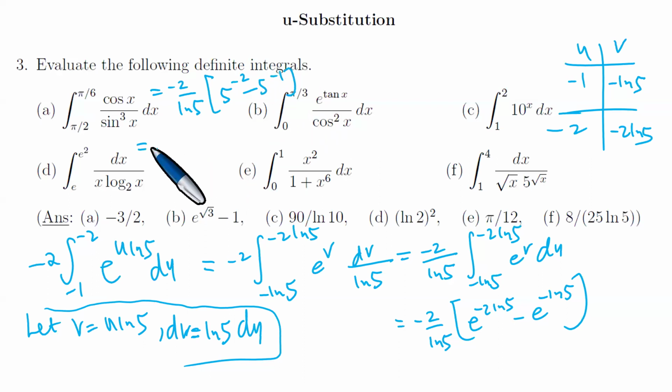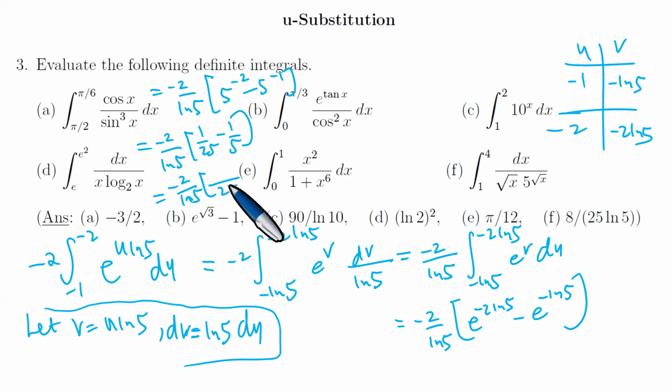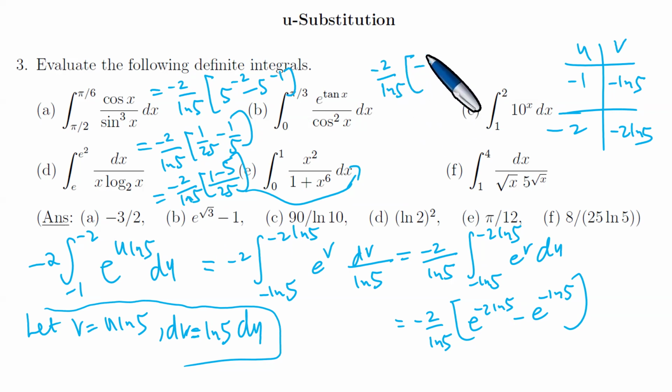In the way we explained previously, it is minus 2 over ln 5 times 1 over 25 minus 1 over 5. That is 1 minus 5 over 25, which is minus 4 over 25.